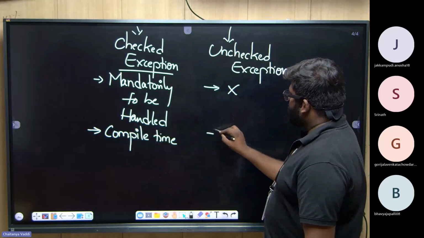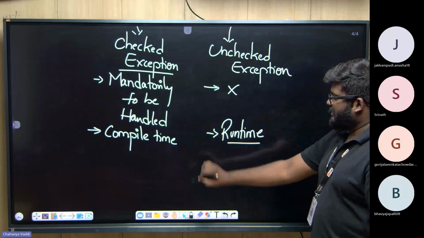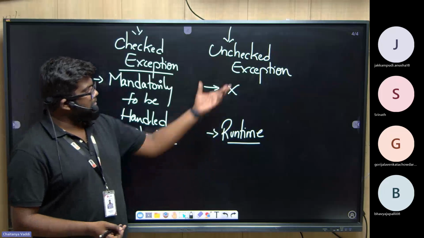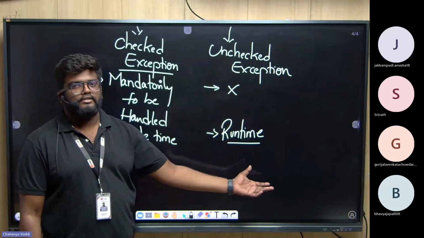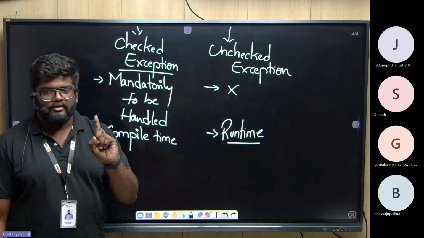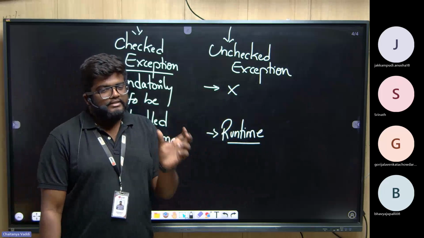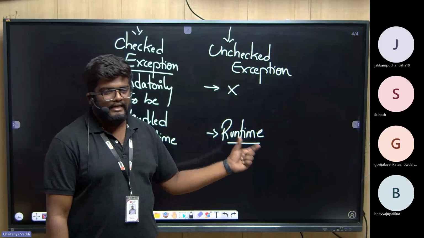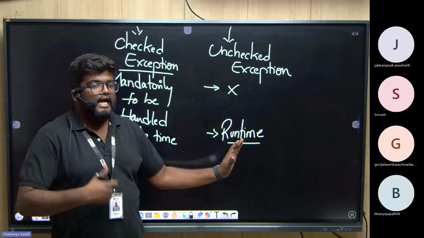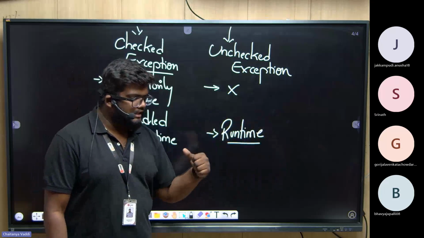Unchecked exceptions generally occur during runtime. For example, arithmetic exception is an unchecked exception, because there is only maybe a one in a million chance where entering zero as a denominator is going to cause an exception for you. That is something that might happen based on the user input in the runtime, so it can be considered a runtime exception.